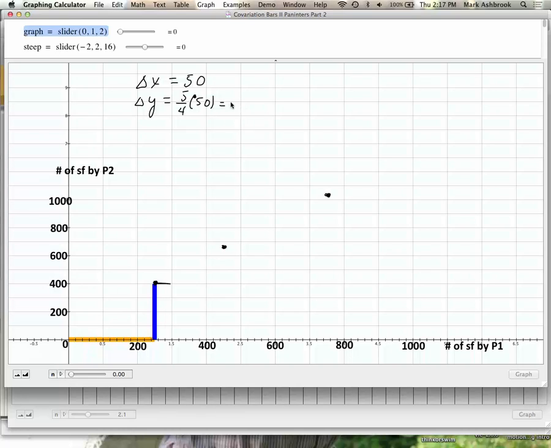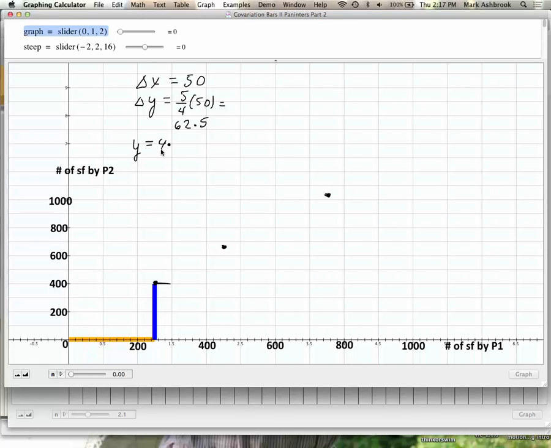And so then what is that change in y? 62.5. So now how much has Painter 2 painted in total? So how can we easily figure that out? We want to know the total amount that Painter 2 has painted.